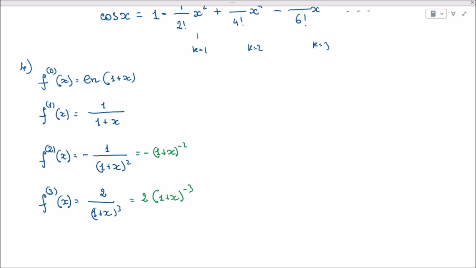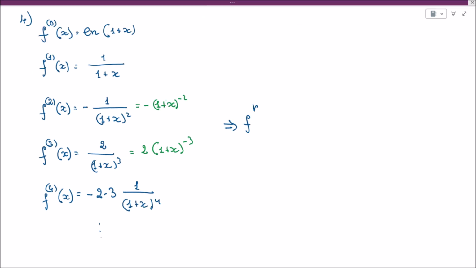We might think that the derivative of order k of the function logarithm of 1 plus x, we notice that whenever we have a derivative of order 1, 3, we have a positive coefficient, right? So if we have an odd order of derivative, we have 1 as coefficient. Instead, if we have an even order of derivative, we get a minus.